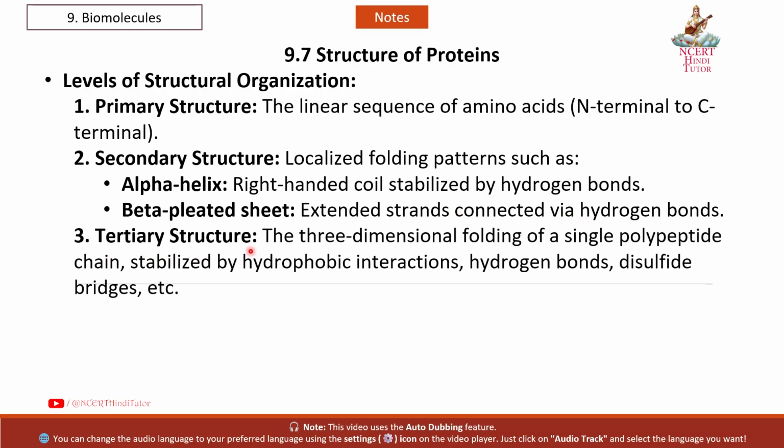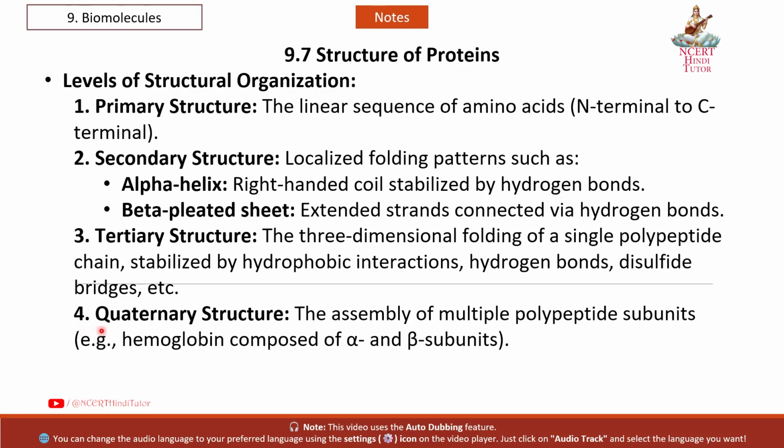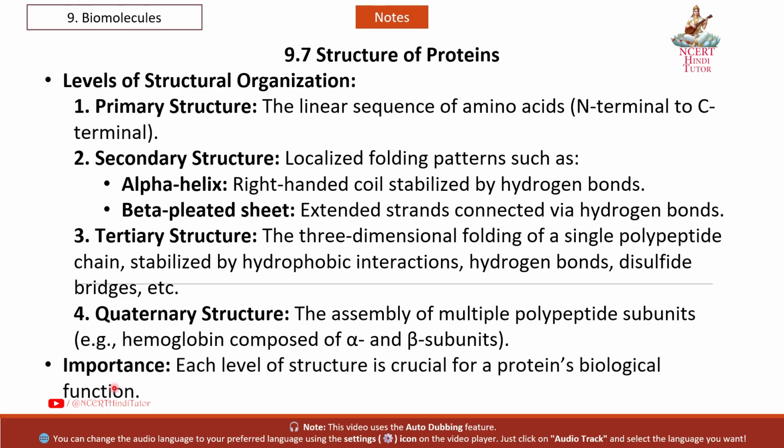Third, tertiary structure: the three-dimensional folding of a single polypeptide chain stabilized by hydrophobic interactions, hydrogen bonds, disulfide bridges, etc. Fourth, quaternary structure: the assembly of multiple polypeptide subunits, for example hemoglobin composed of alpha and beta subunits. Importance: each level of structure is crucial for a protein's biological function.